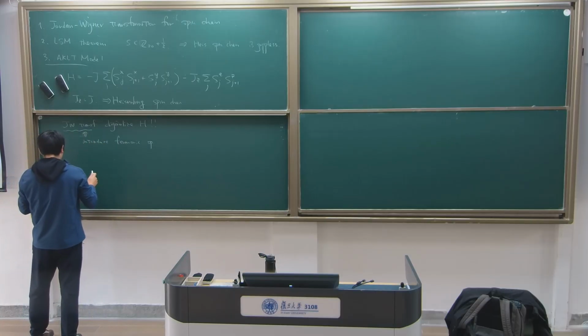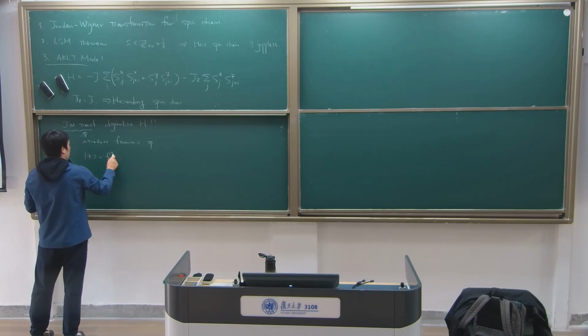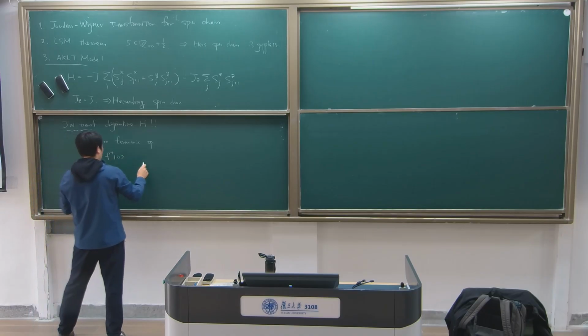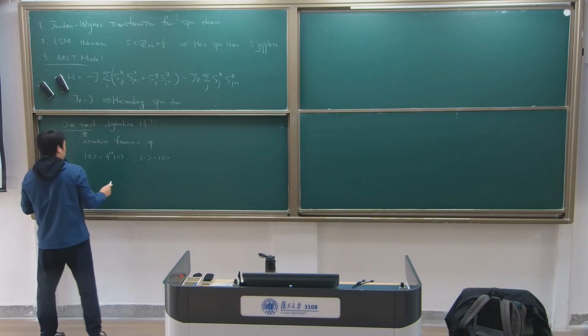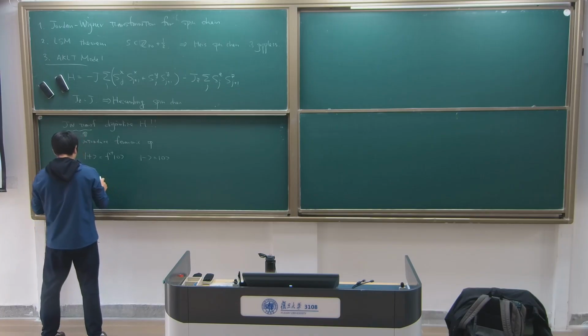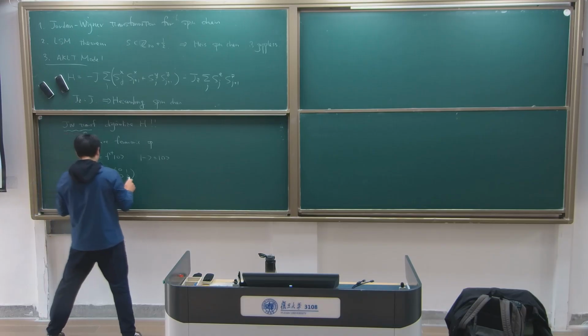So suppose you have the P system. This way, plus can be understood as 0, 1, 0, 0, which is the same as plus.